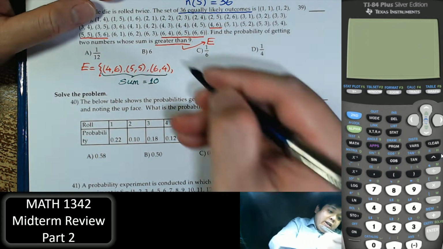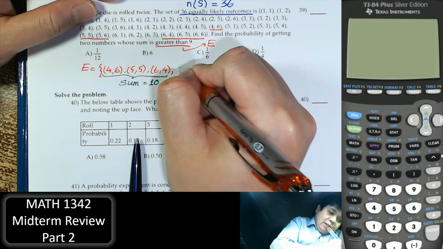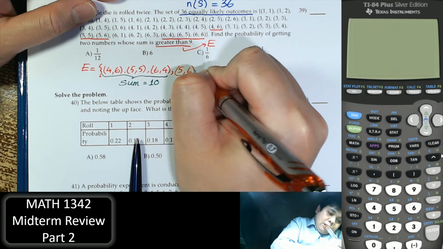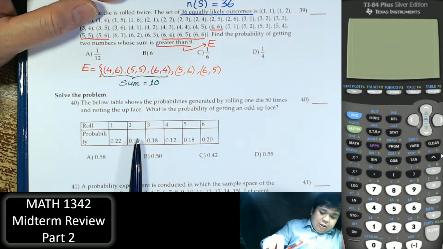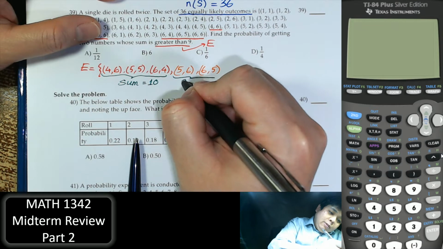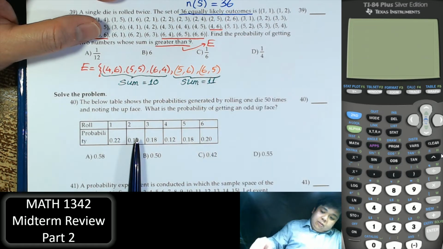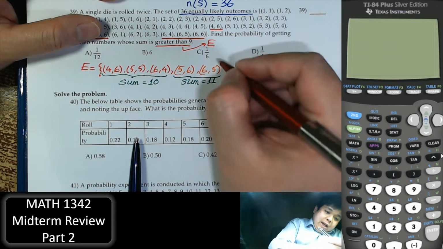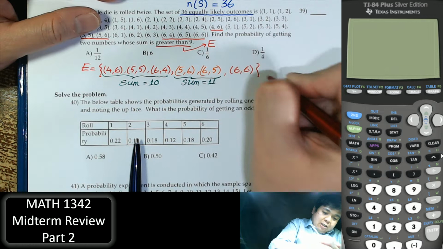For a sum of 11, we have 5 and 6, or 6 and 5. And then for a sum equal to 12, we have only one case, 6 and 6.